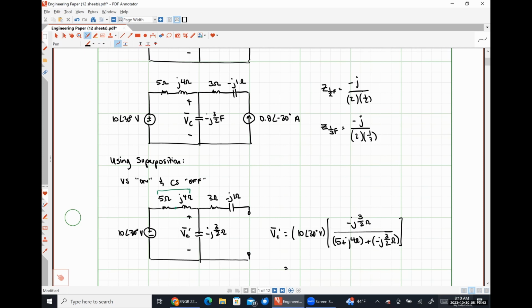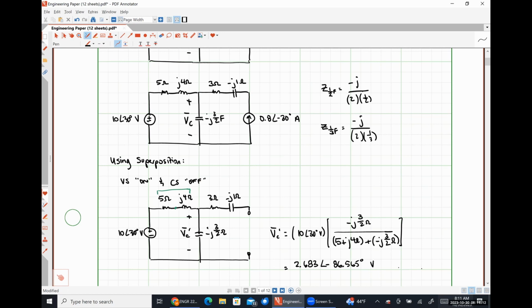So I got 2.6 angle negative 86.565 degrees volts. It is customary to represent voltage and current phasors in polar form.